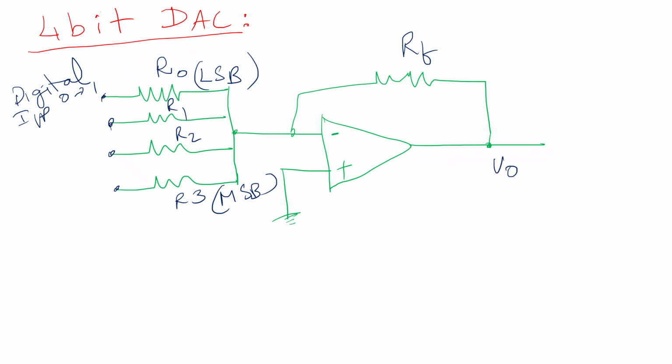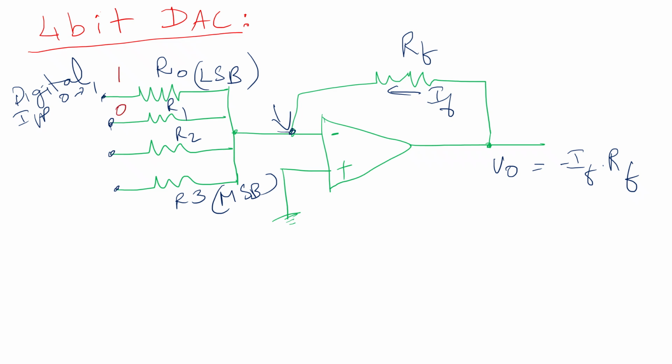And V naught is equal to minus IF into RF. This is the virtual ground. We'll take a digital example and try to convert it into its equivalent analog value.